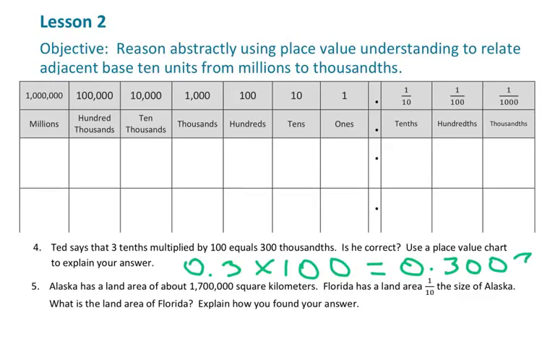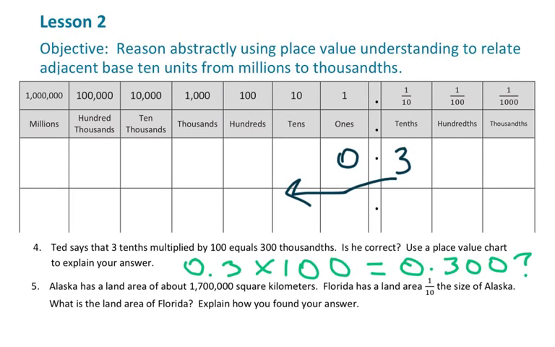So is this correct? I'm going to take 3/10 and put it on my place value chart. I have 0 ones and 3/10, and I'm going to multiply it by 100. If I'm multiplying by 100, I'm going to move this 0.3 over one spot and then another spot.